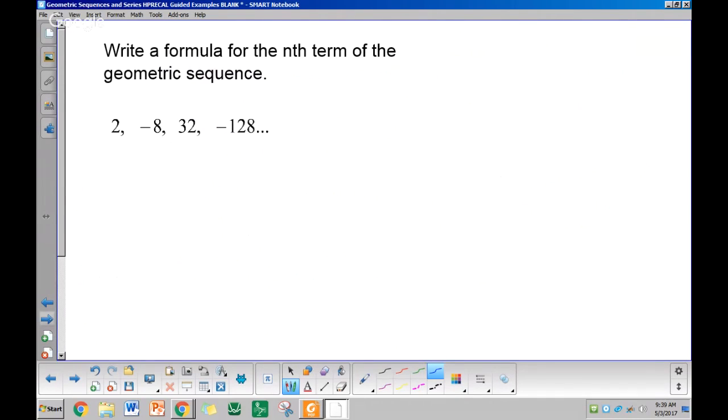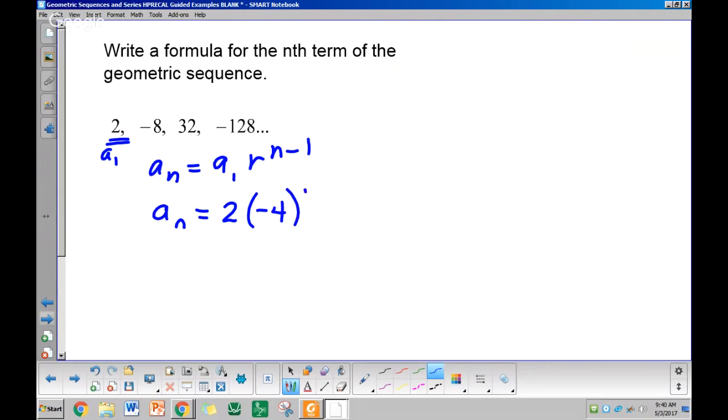Write a formula for the nth term of this geometric sequence. I'm already telling you it's geometric, so it's got a common ratio. Recalling the formula, a sub n equals a sub 1 times r to the n minus 1. I have to figure out what r is and a sub 1. Here the first term, a sub 1, is 2, and r is negative 4, so it's 2 times negative 4 to the n minus 1.